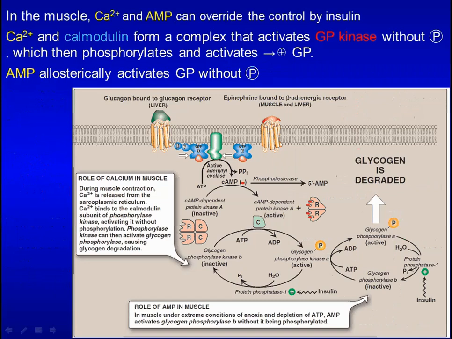In the muscle, calcium and AMP can override the control by insulin.